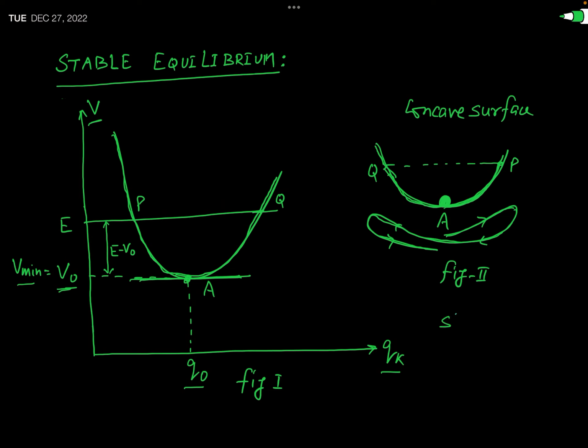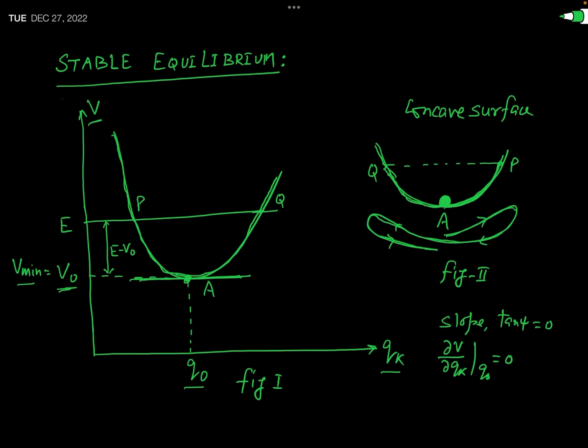So the slope of this curve at point A, which is del V by del qk at q equal to q naught, will be equal to 0, because it makes angle 0 with qk, and slope is equal to tan psi, where psi is the angle made by the tangent to the qk axis, and psi is 0, so this will be equal to 0.